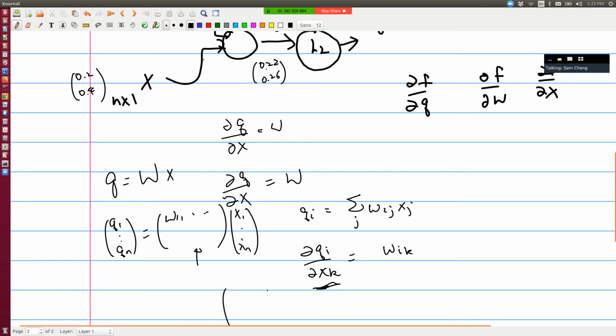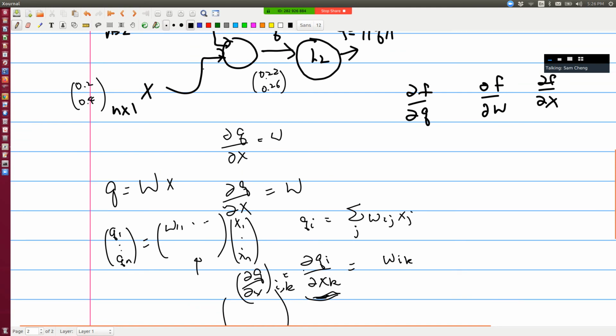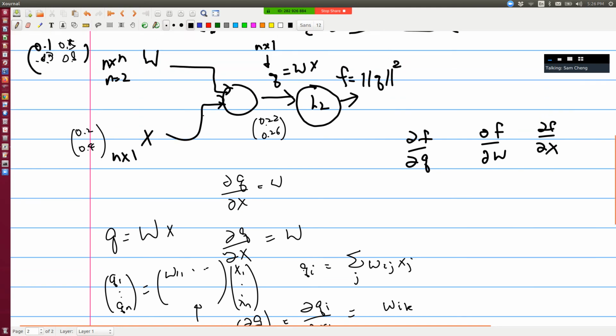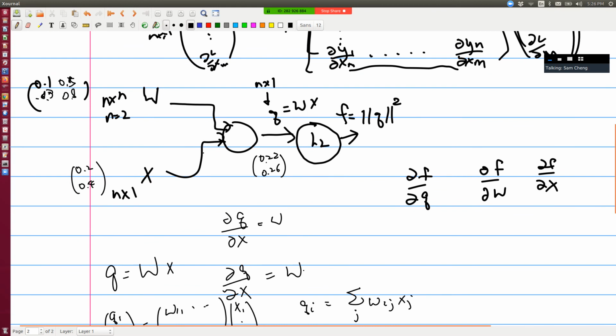The ik element of the Jacobian matrix is Wik, so the Jacobian matrix is just equal to W. Does it make sense? Of course, you can put a transpose, but the transpose doesn't matter that much.